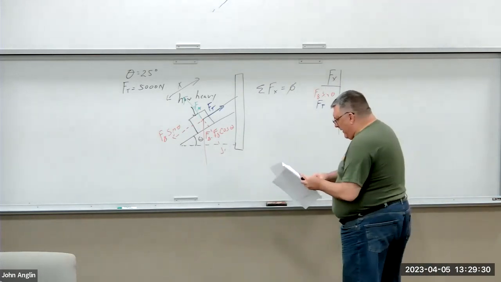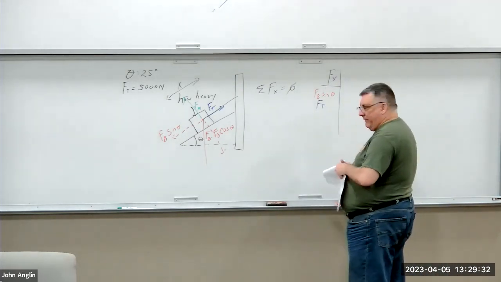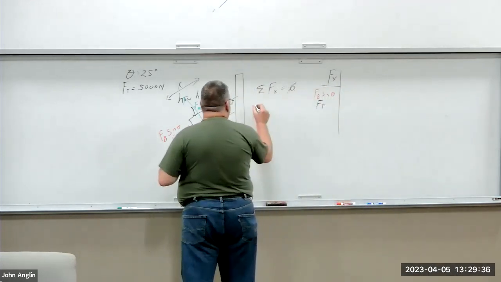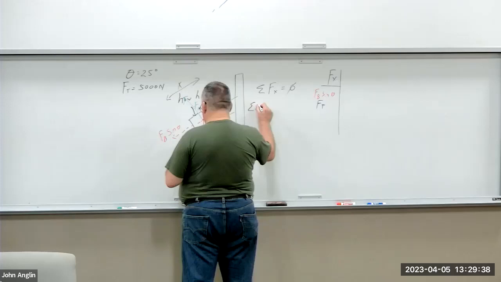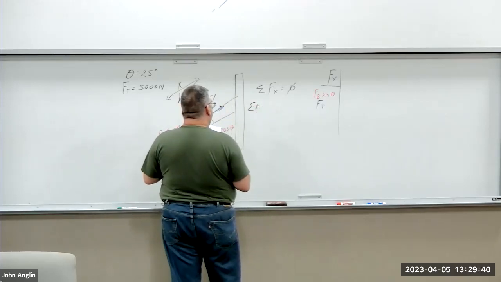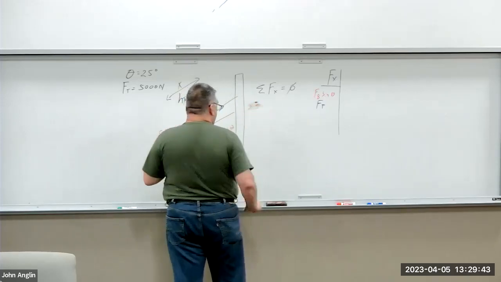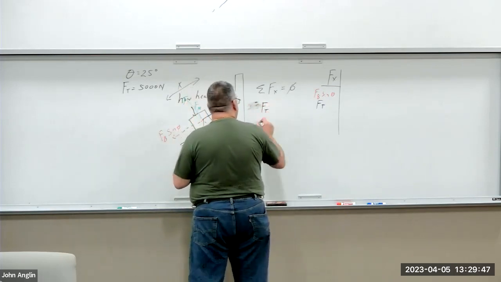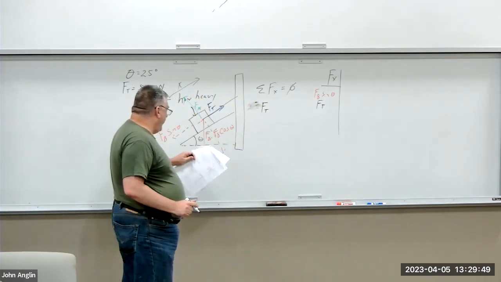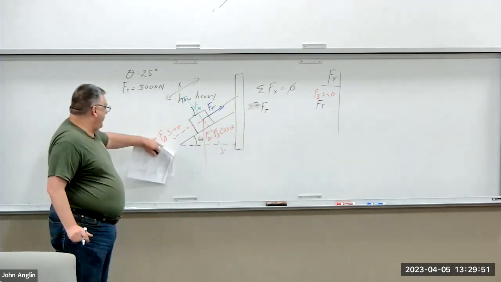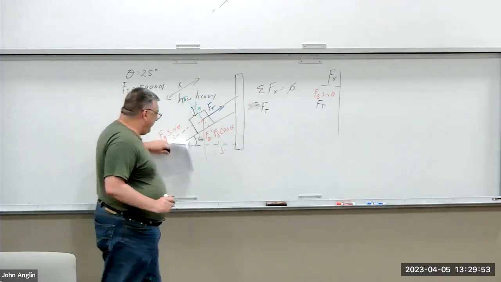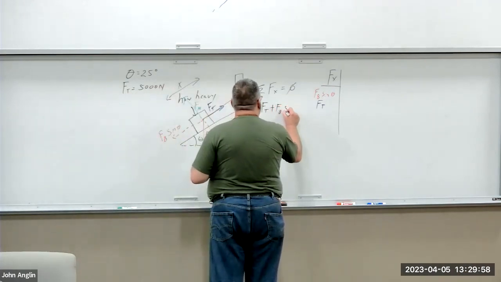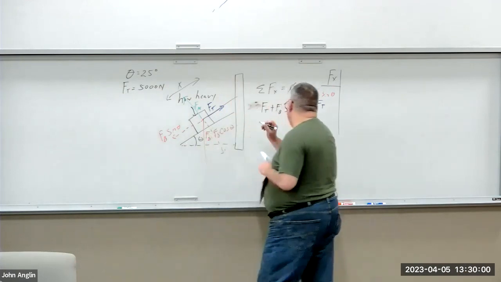Well, we know that the sum of the forces has to be zero. So we just add forces, right? We have a tension force that we know, and we have to add FG sine theta. Be careful not to just do plus FG sine theta.